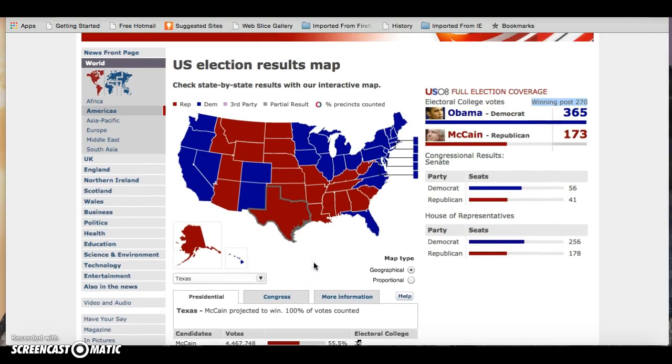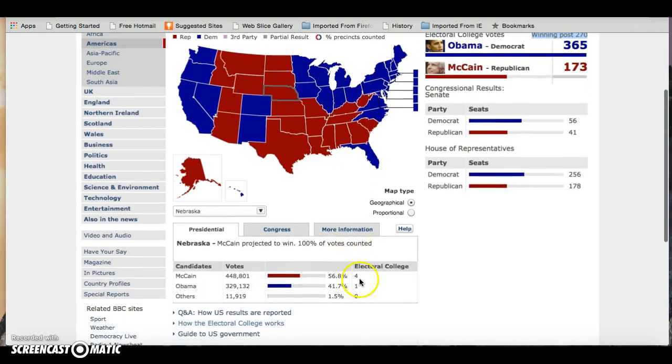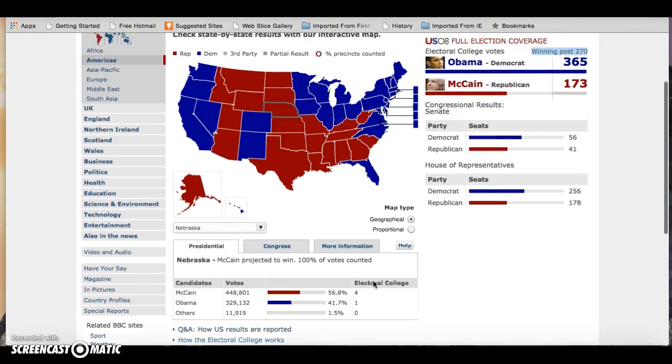So some states decide not to use this system. You'll notice here that Nebraska has been allocated 4-1 because they give their Electoral College votes based on an electoral district map. Maine do a similar thing. So Maine and Nebraska are the only exceptions at this stage in time to the winner-take-all rule. So how do you win?